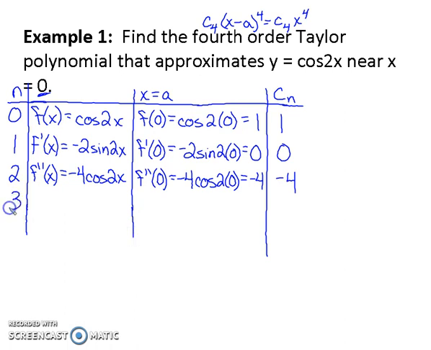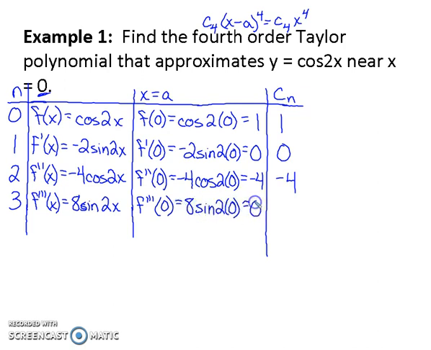Then we move to n is 3. This can become a very tedious process. Obviously, if they asked you for the 12th degree Taylor polynomial, this would become exhausting. But it's not too bad. So then we do chain rule again, and we end up with positive 8 sine 2x, which we then evaluate at 0, and we get 0.